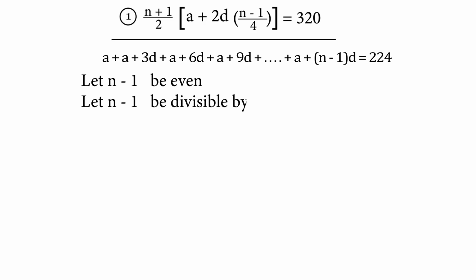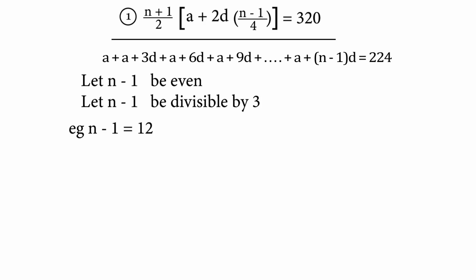That's the only way I'll be able to add these in a way that gives me one solid equation at the end. For example, a value that would work is n minus 1 equal to 12. That makes it even and divisible by 3. This is just an example, by the way.